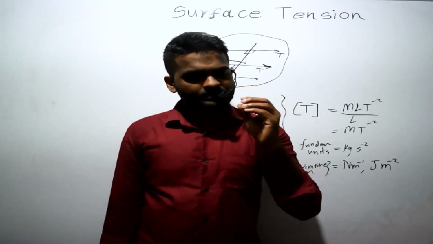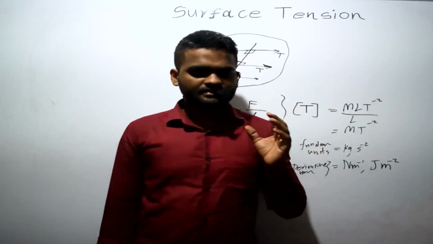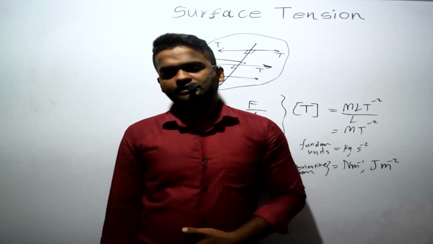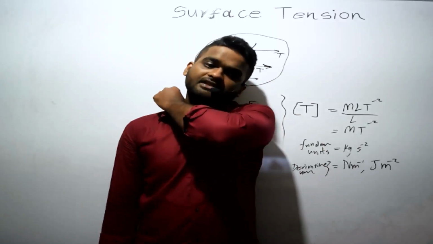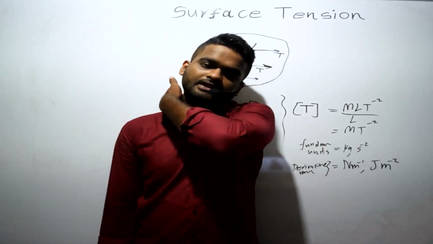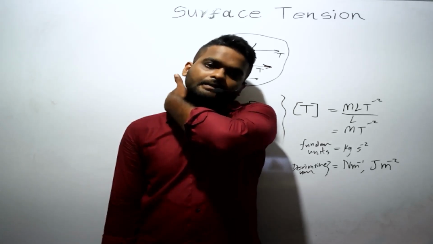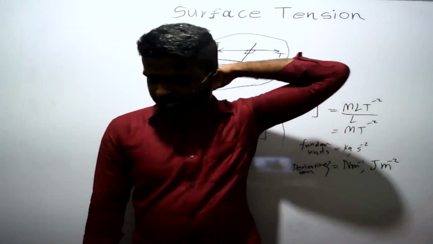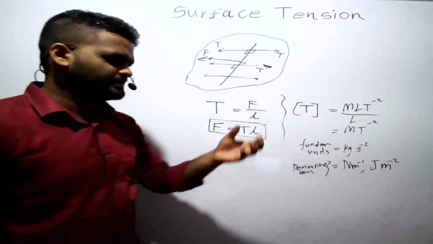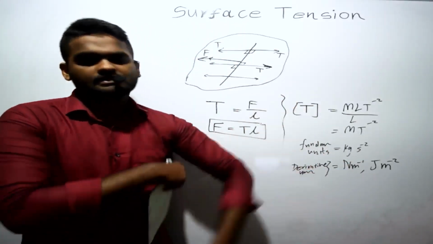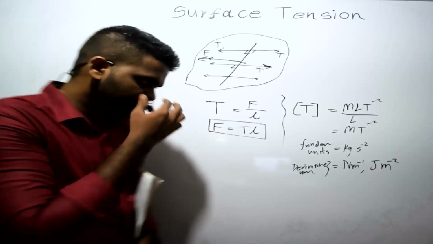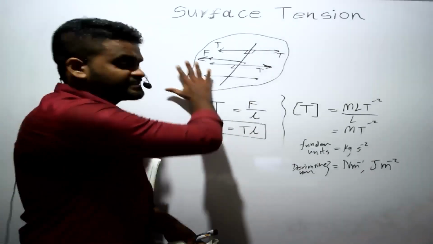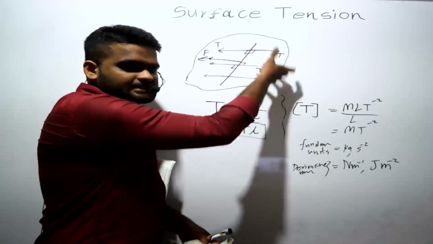So what could happen as the temperature increases? Does the surface tension increase or decrease? If the temperature of a liquid increases, what can happen? Surface tension decreases, correct. You can guess that, it has to decrease, meaning the surface gets weakened with the temperature.